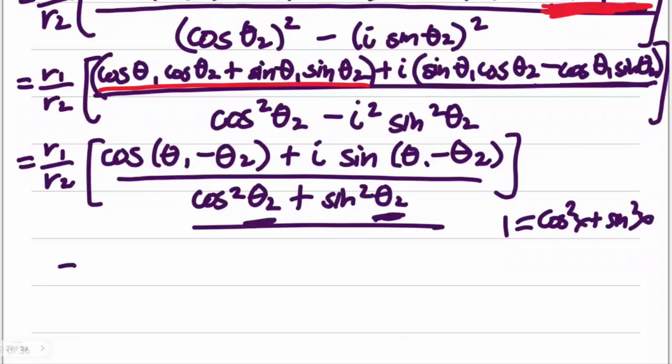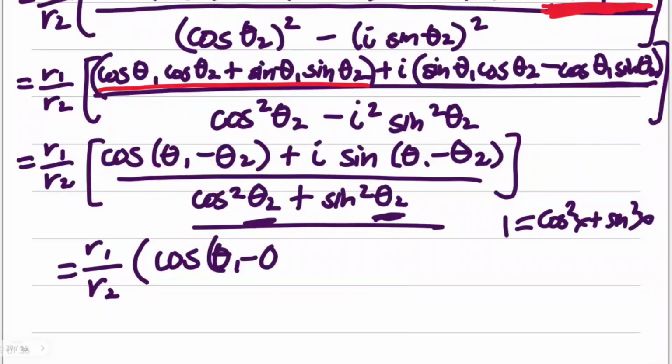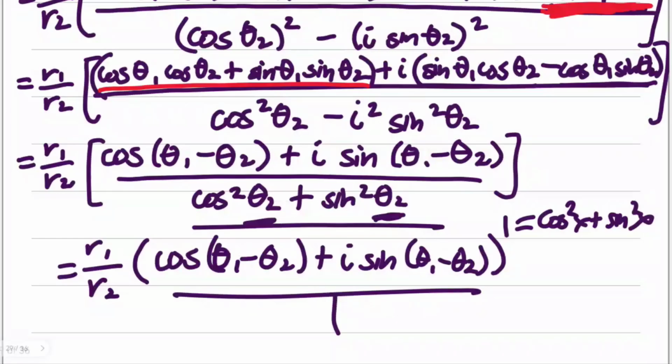So finally, we can have here r sub 1 over r sub 2. Our numerator is cosine of theta sub 1 minus theta sub 2 plus i sine of theta sub 1 minus theta sub 2. Okay, all over 1, which is actually equal to 1. Or basically, you don't need to write 1.